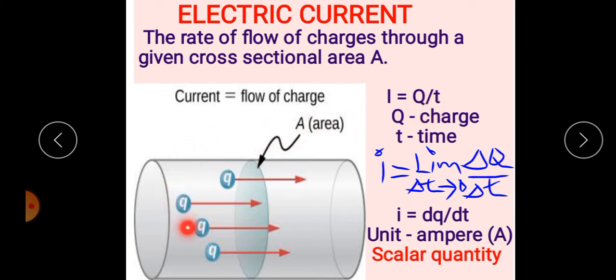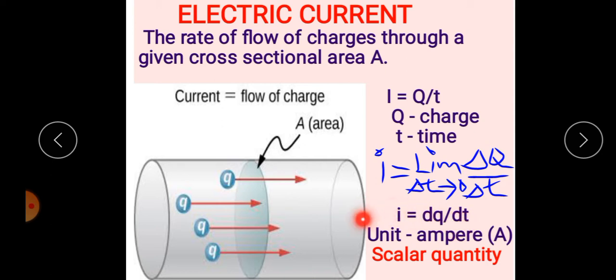Now listen students, the current flows from higher potential to lower potential through the conductor. Now if the rate of flow of charge is not uniform, the current varies with time, and the instantaneous value of current, small i, is given by dq by dt.